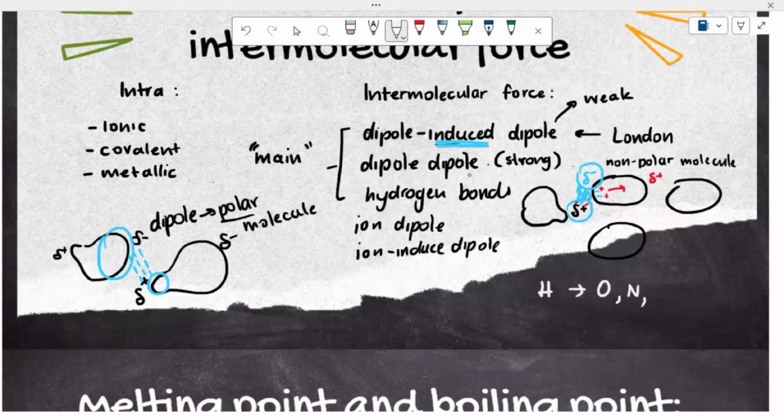So the distance between your electrons and your protons is quite short. The shorter the distance, the stronger the force of attraction between things. So whenever your hydrogen's bonding with very small atoms, it will form a very strong bond between them.